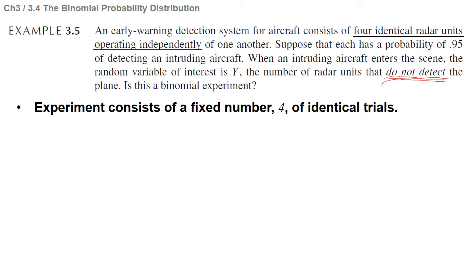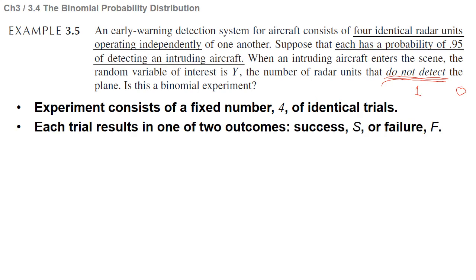So not detecting is 1 and detecting is 0. The experiment consists of a fixed number of identical trials. That's okay. Second, each trial results in one of two outcomes, success or failure. Success is not detecting the intruding aircraft, failure is detecting the intruding aircraft.